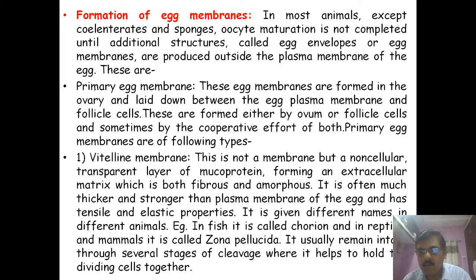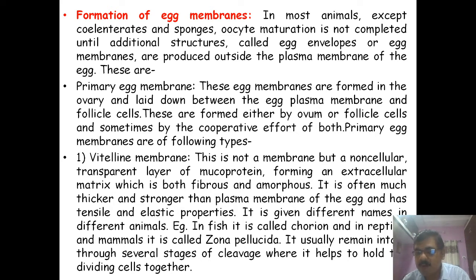This is not a membrane but a non-cellular transparent layer of mucoprotein forming an extracellular matrix, which is both fibrous and amorphous. It is often much thicker and stronger than the plasma membrane of the egg and has tensile and elastic properties.